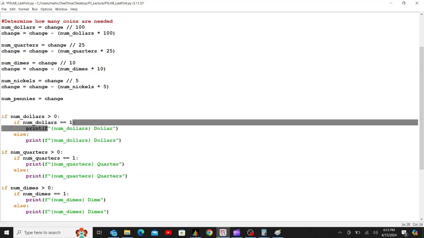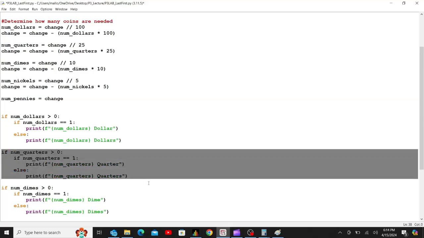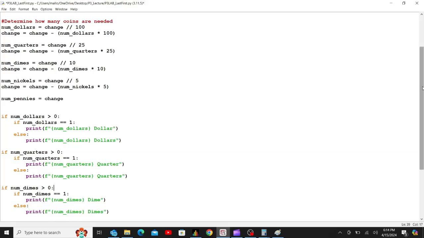If it does equal 1, we print it out without an S on the end. If it doesn't equal 1, then that means it has to be more than 1. And we print out however many dollars and then the word dollars with an S on the end. We do the same thing for each one of our coins. All right.